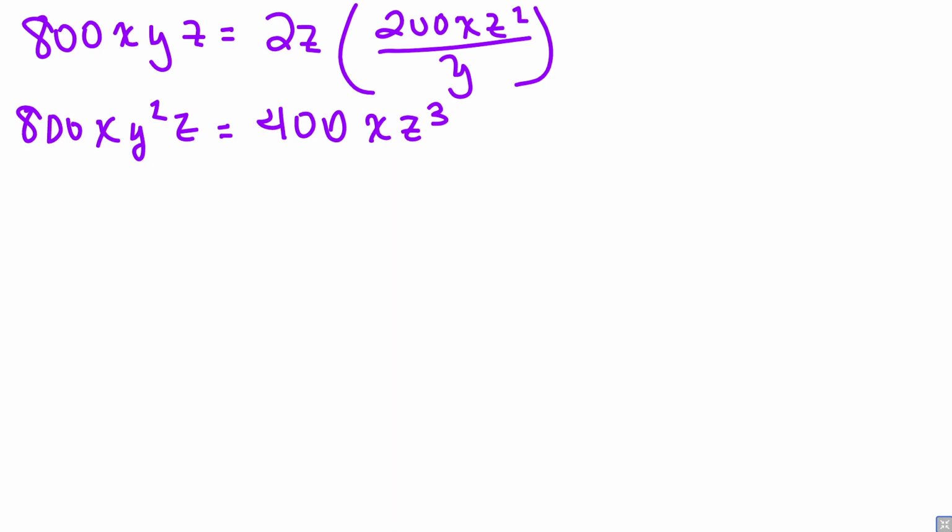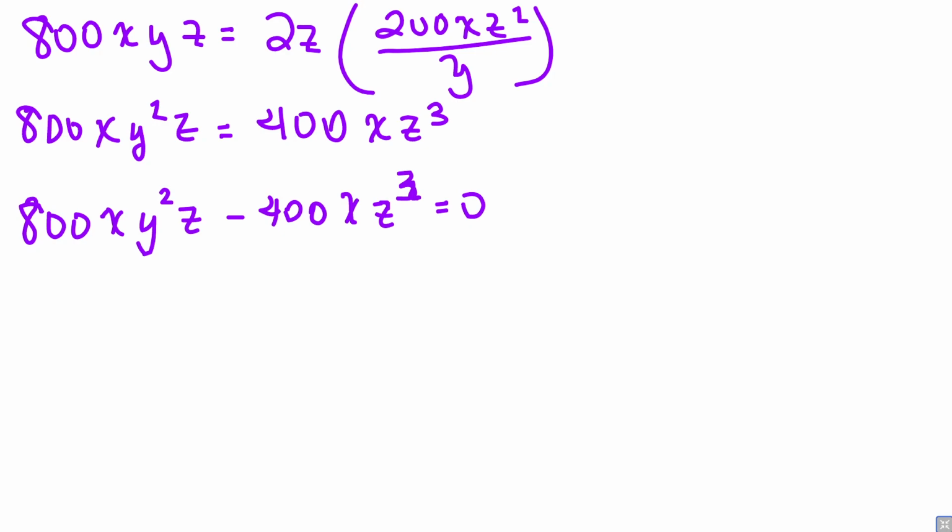So I'm going to do kind of the same approach as what I did with the last one. I'm going to get this equal to 0. So I'm going to have 800xy squared z minus 400xz cubed is equal to 0. Now once I get it here, what can I do?